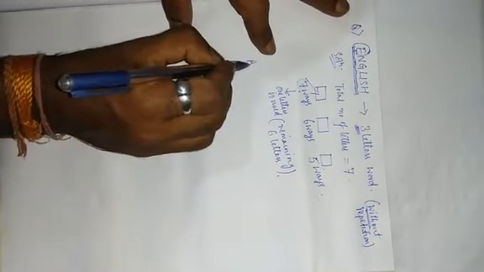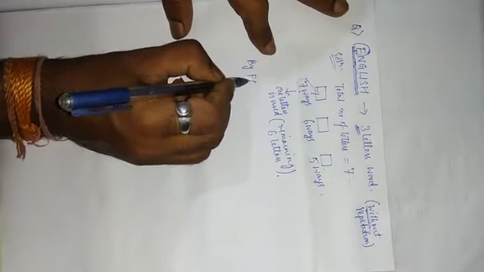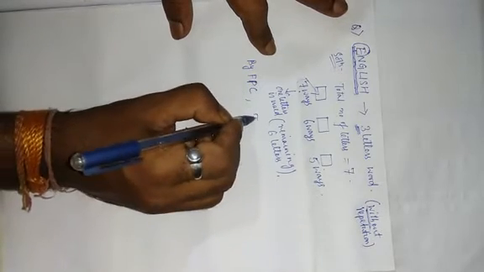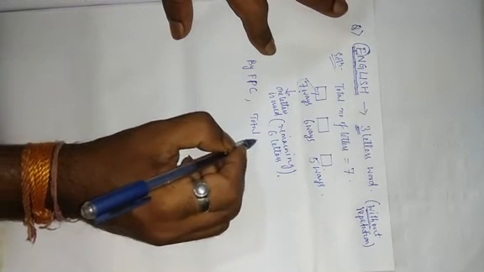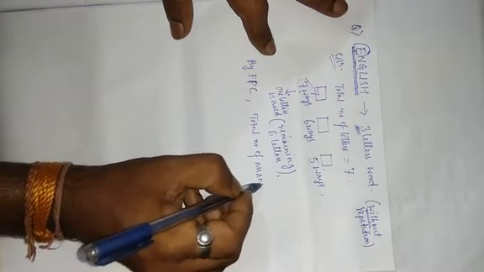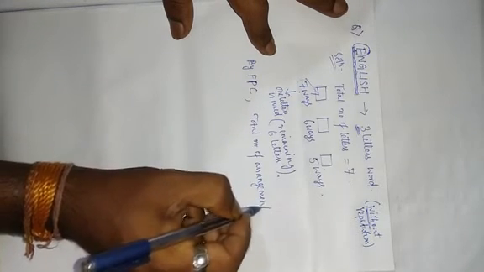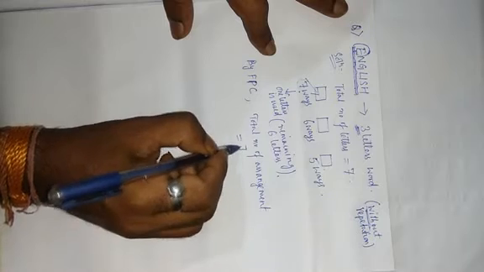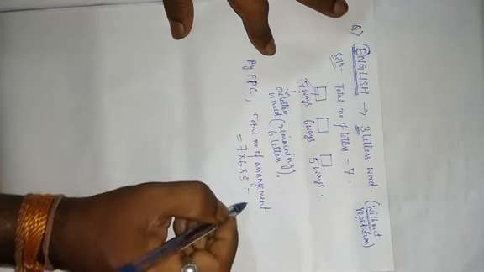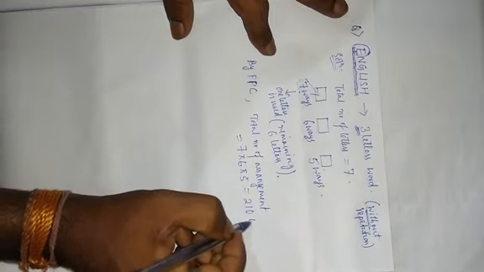So by fundamental principle of counting, total number of arrangement is equal to 7 into 6 into 5. That is equal to 210 ways.